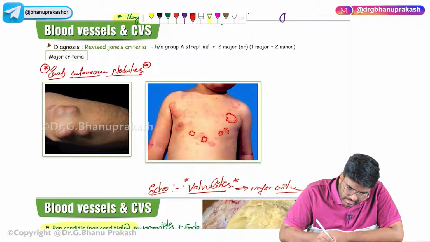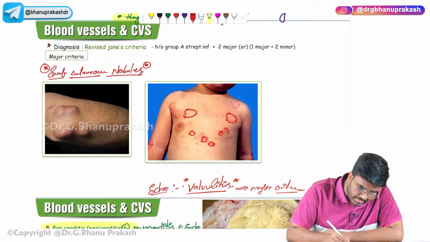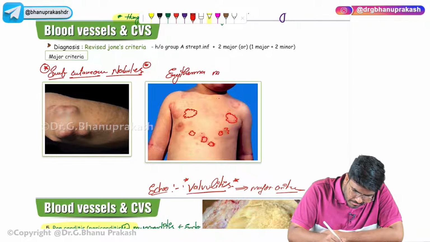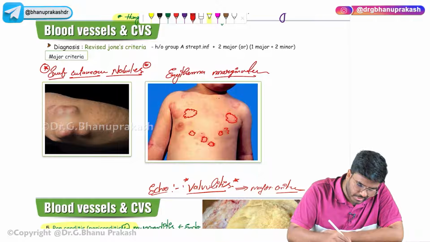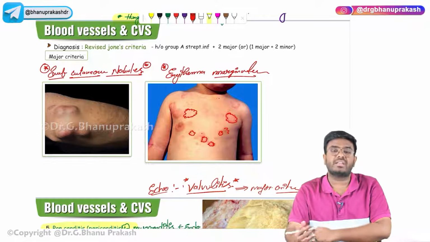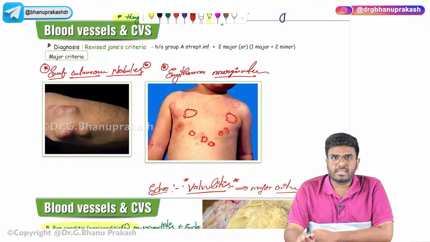The central area of the rash is pale; only the outermost regions have the erythema. This is called erythema marginatum. So subcutaneous nodules and erythema marginatum are also considered major criteria.